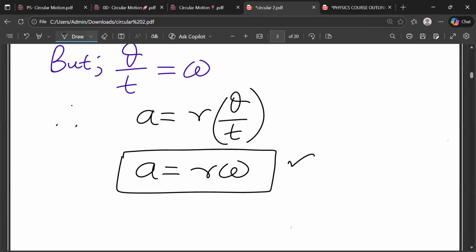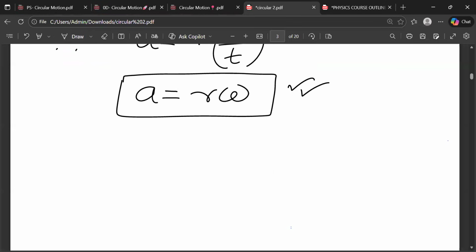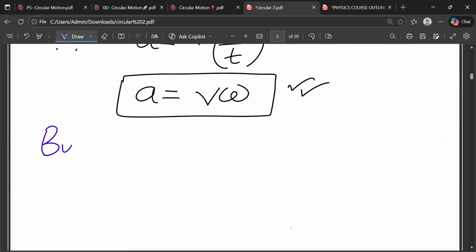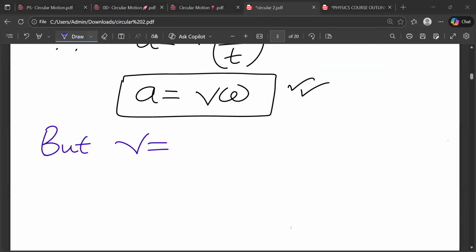So this is a formula of centripetal acceleration. But remember, we can still come up with other formulae. Not only that. You look here, that is one formula. Hope you people know that this is a V. Who recalls the formula of velocity? Yes, Gladys Gift.